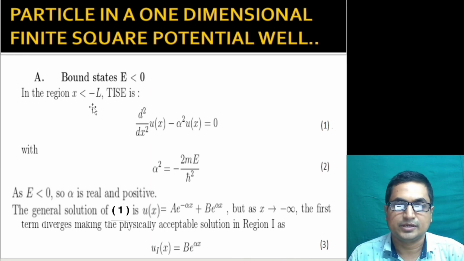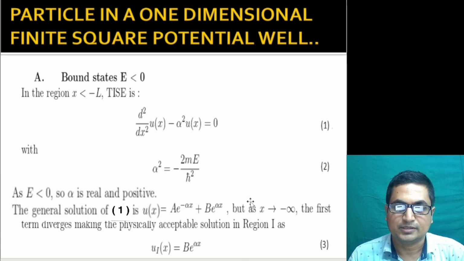So definitely in the region x less than minus L, that is region number 1, the time independent Schrödinger equation is this, where this alpha square is this. Since alpha square is a real quantity and E is negative, this quantity is positive, which means alpha is real.